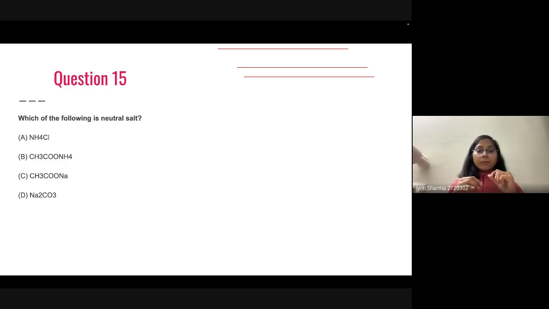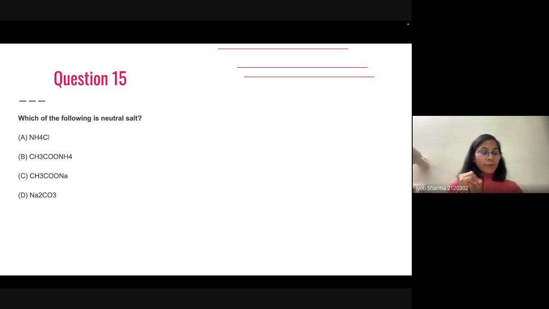If it is neutral, neutral means what? The strong acid and strong base combination only will give you the neutral salt, otherwise it will not. So you have to find the one salt in which the acid was strong and the base was also strong.